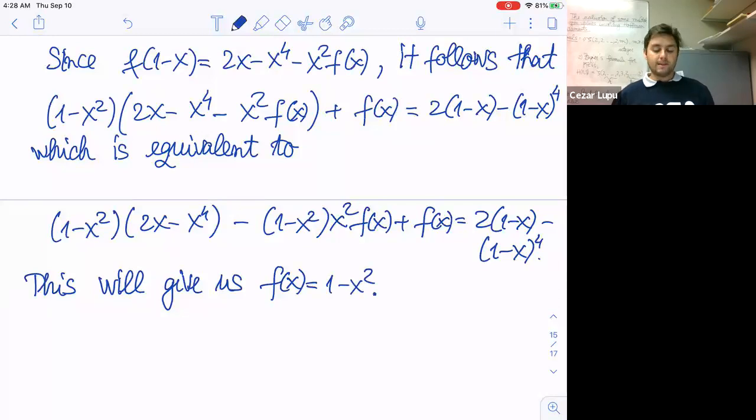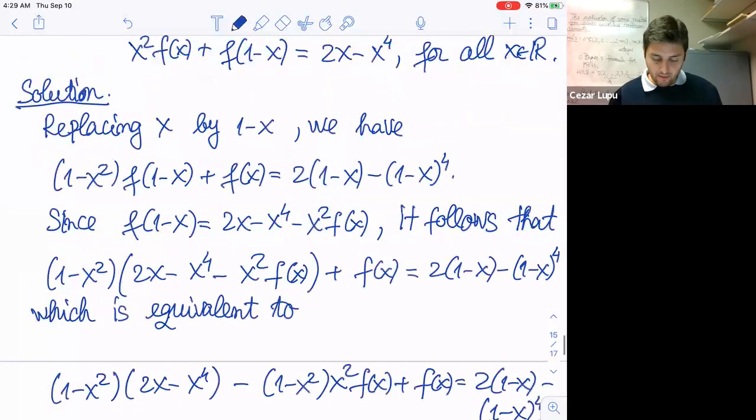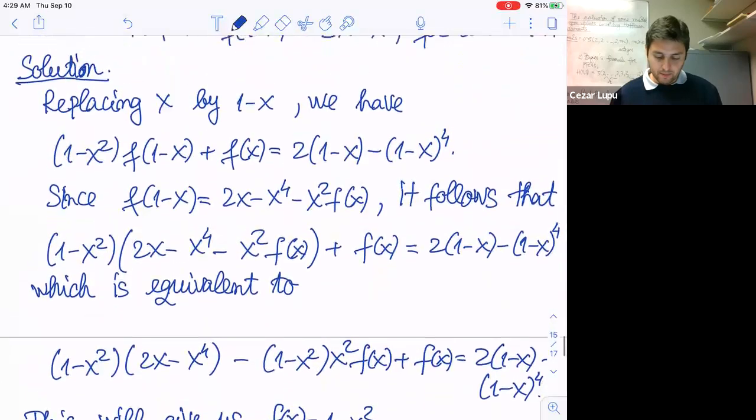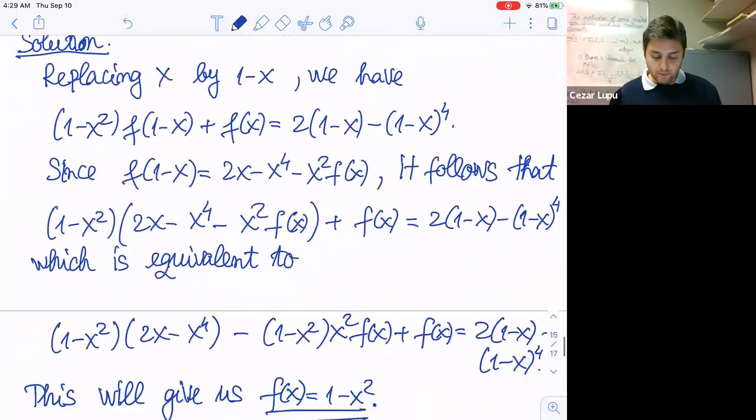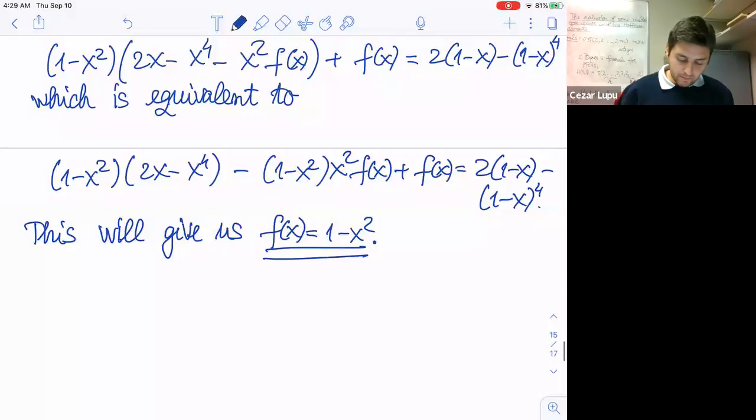And now the last step is for you to check the equation. You just have to replace this f of x into the initial equation, and you will see that it verifies.